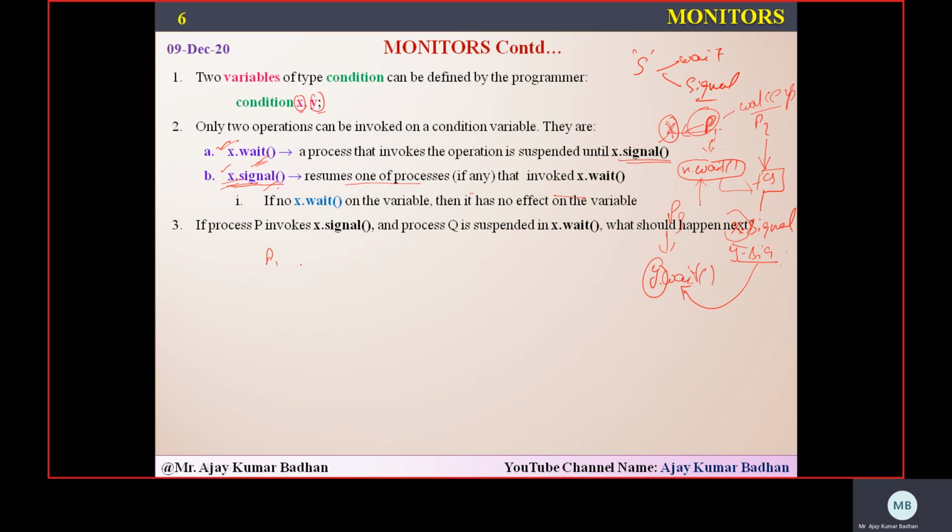For example, P1 has called y dot wait, and P2 calls x dot signal. Now what will happen? X dot signal means that whichever process is waiting on condition x can be woken up. But we have only one process here, which is waiting with respect to condition y, not x. So even though P2 is executing x dot signal, it will have no effect, as if it was not executed, because there is no process suspended on condition x.